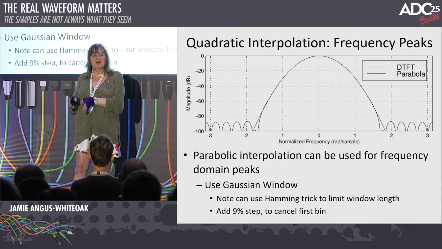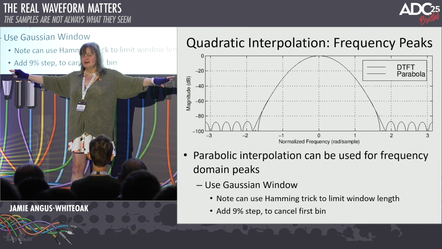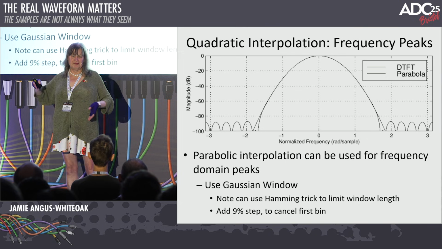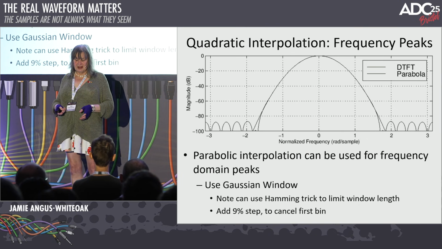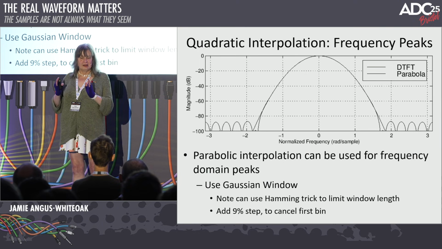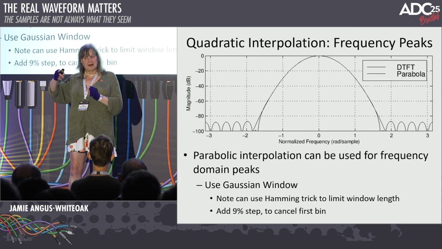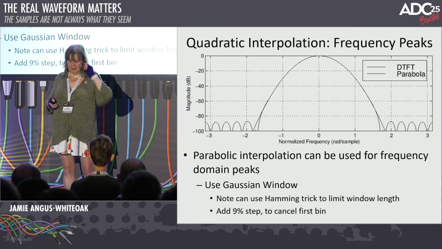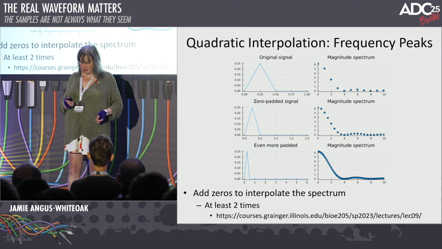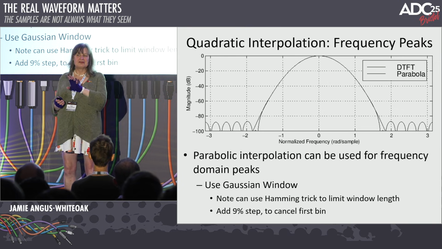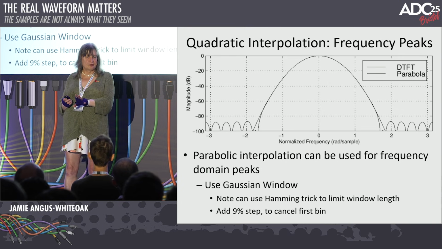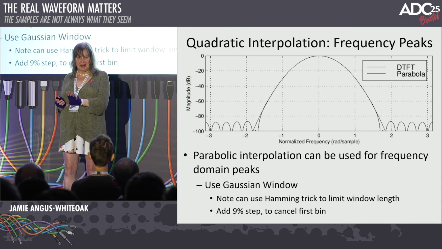You can play that trick with the Gaussian window because the Gaussian window is infinitely long as well, so you have to chop off the ends somehow. If you add a 9% step to cancel the first bin, it works, and you still get the nice curve at the top. But there is one thing you do have to do: because you need the magnitude, you have to square the Fourier spectrum.